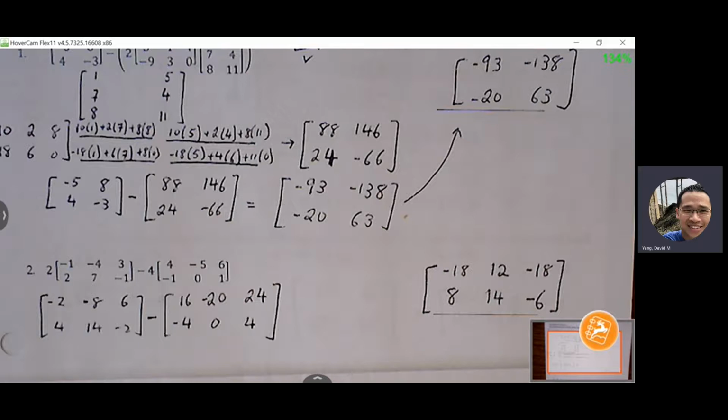Either multiply by 4 and then subtract later, or multiply by -4 and then add the two matrices together. Okay, any questions with number 2?